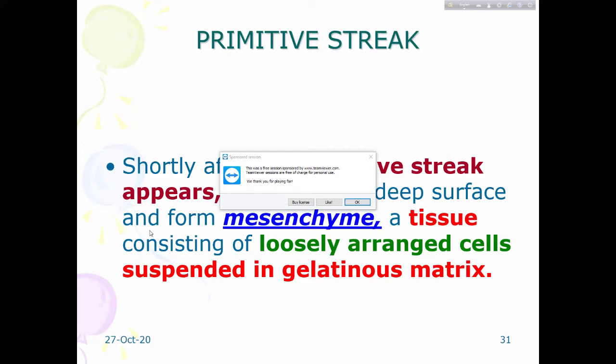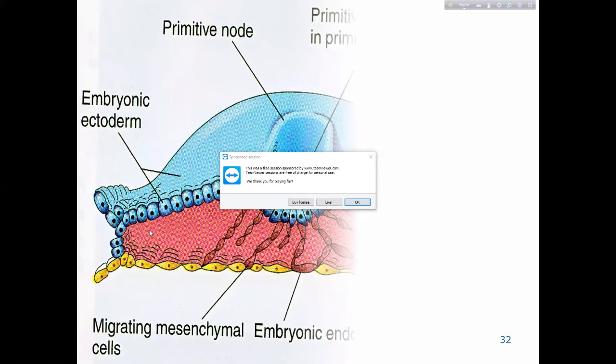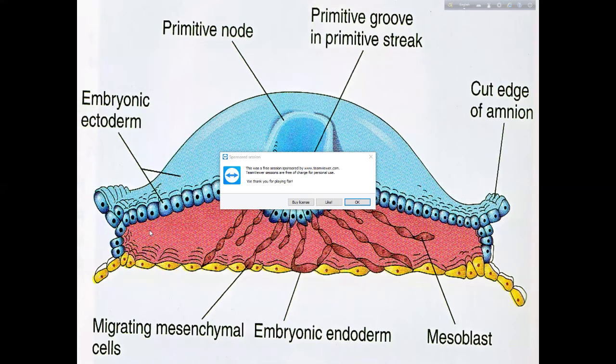The cells are loosely arranged here. That is, cells are loose, and in between the cells there is gelatinous matrix. These cells which invaginate inward, look at the red sectional view of the caudal aspect of the embryo.